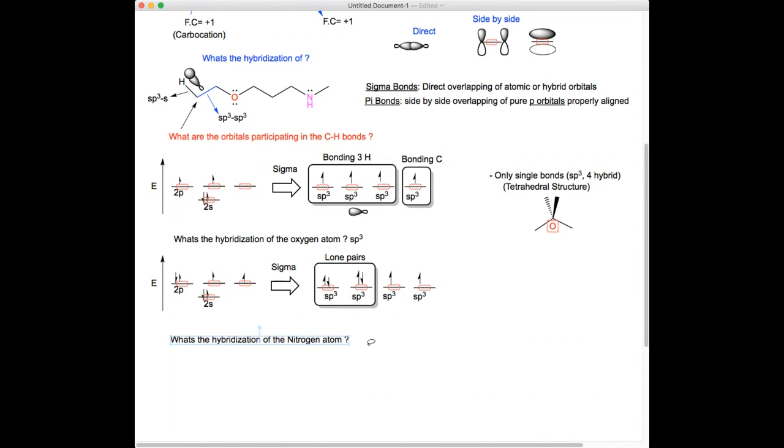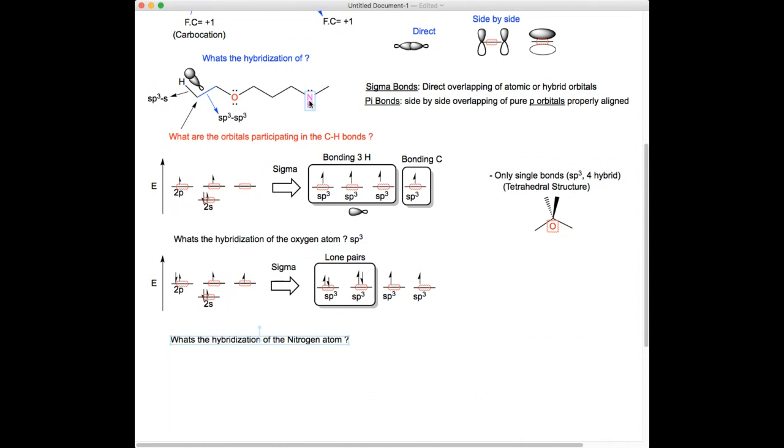If I am asked what is the hybridization of this atom, doesn't matter which one, I'm gonna look at what the bonds of this atom are. If all I see is sigma bonds, I know this atom is sp3 hybridized. In this molecule, everything is sp3 hybridized. So this nitrogen is sp3 hybridized.